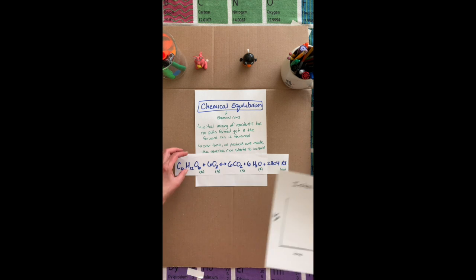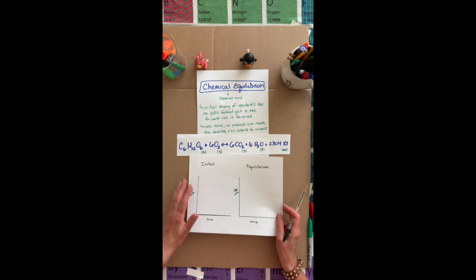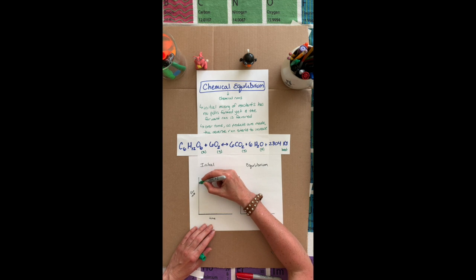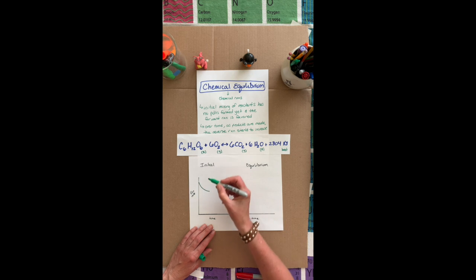Now we can visualize this with this initial graph. So I'm going to have my reactants. Let's say this is glucose and oxygen.